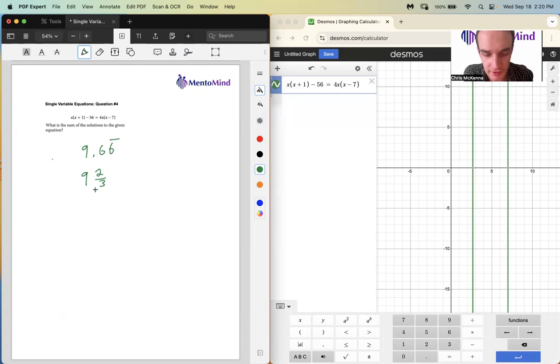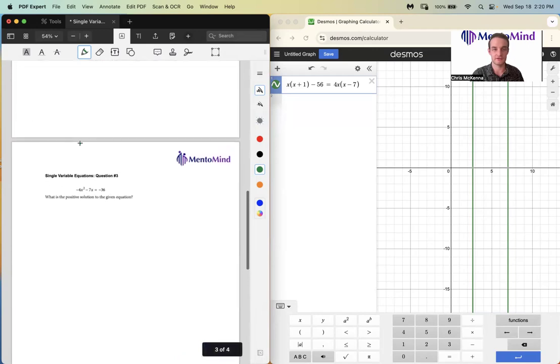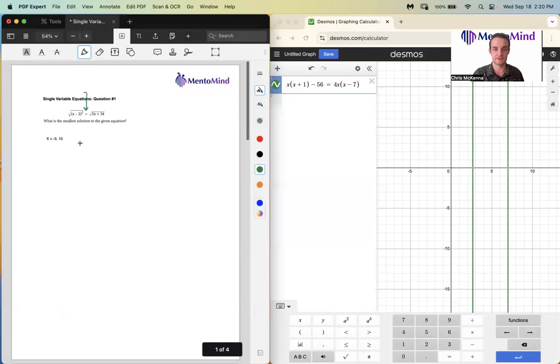Okay, so hopefully this has been a helpful introduction to some of the functionality of this Desmos tool. But again, single variable equations, look for those on the test. A great use case for Desmos, pretty straightforward, and will save you some time.